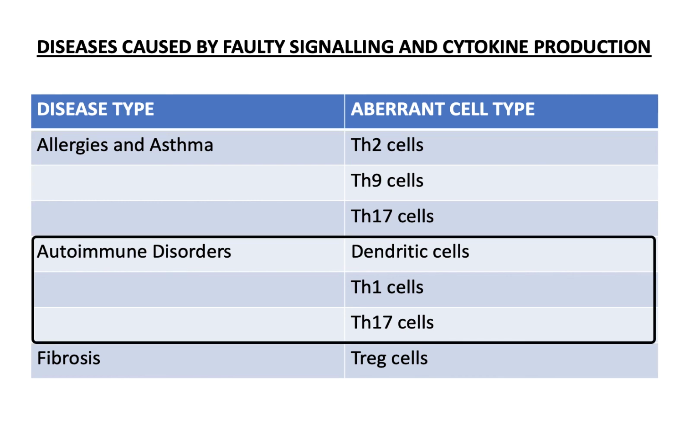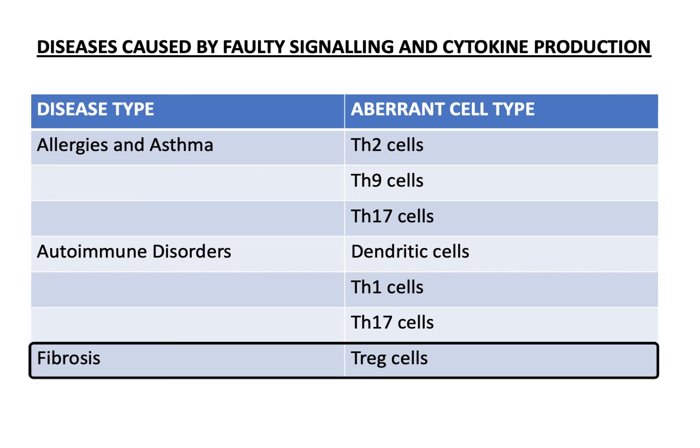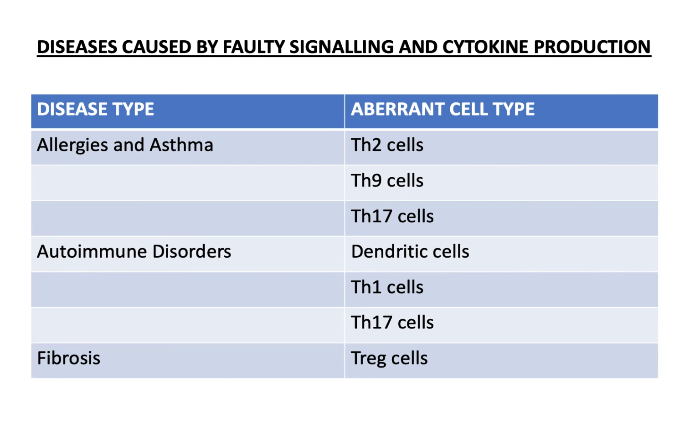And then autoimmune disorders, which can be caused by faulty dendritic cells, Th1 cells, or Th17 cells, and then fibrosis of some types can be caused by faulty T regulation cells, Treg cells. So these are other things.